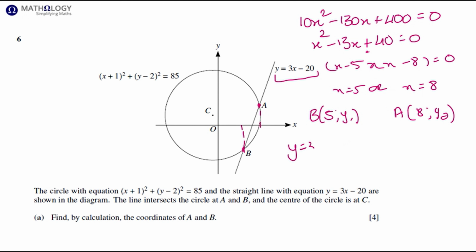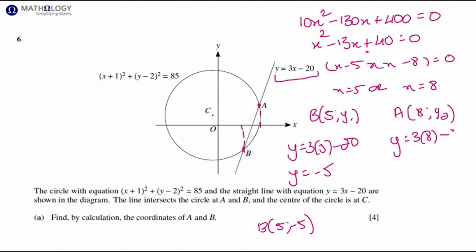So y equals 3 times 5 minus 20. 15 minus 20 is minus 5. So B is the point 5, minus 5. And for A, y equals 3 times 8 minus 20. 24 minus 20 is 4. So y equals 4. A is the point 8, 4.